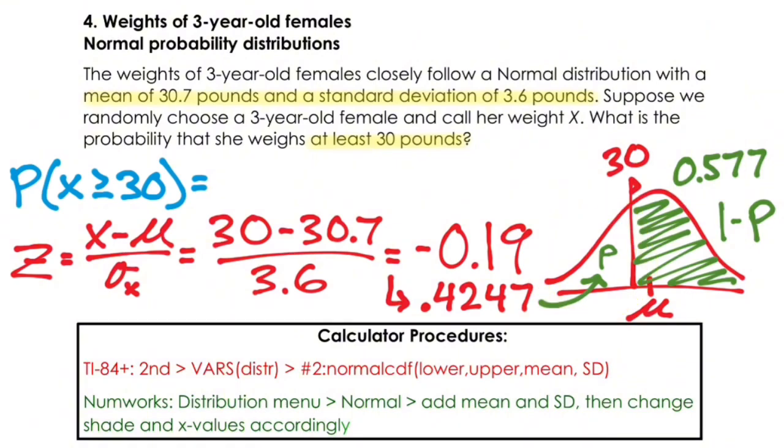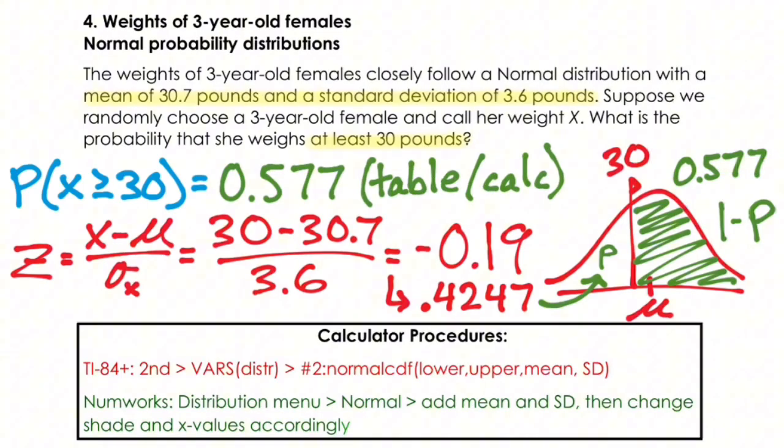The 0.4247 number that you would get from the z-table corresponds to the probability that you do not want. It says at least 30 pounds. So if 0.4247 is everything below 30 pounds of weight, then we would need to do 1 minus p, because again, 1 represents everything in the probability curve. 1 minus p gives the correct answer of 0.577, which is something that you could also get by using calculator procedures that will again be taught in class.